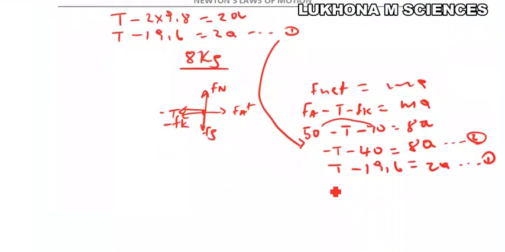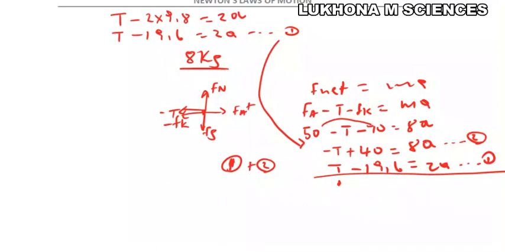So equation 1 plus equation 2. Then T minus T is 0. Then minus 40. Oh, it's supposed to be positive 40 here. 40 minus 19,6. So we press calculator there.